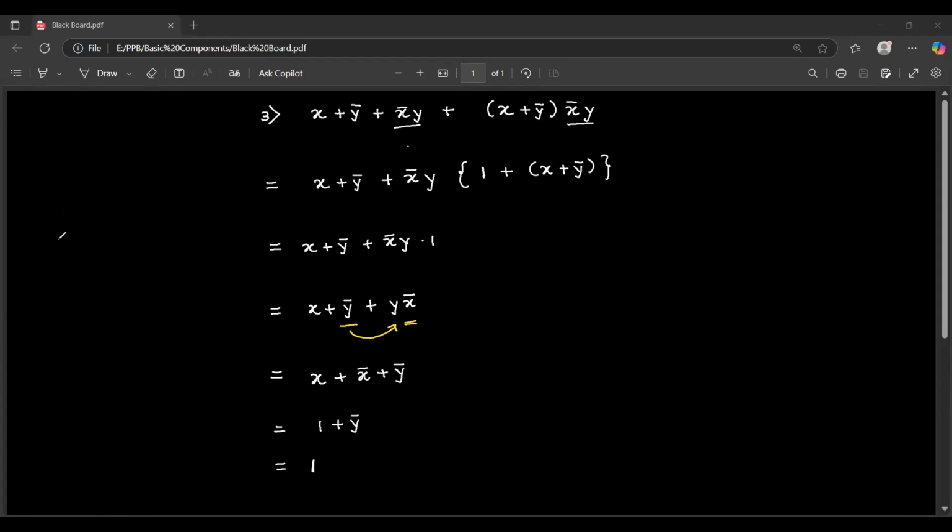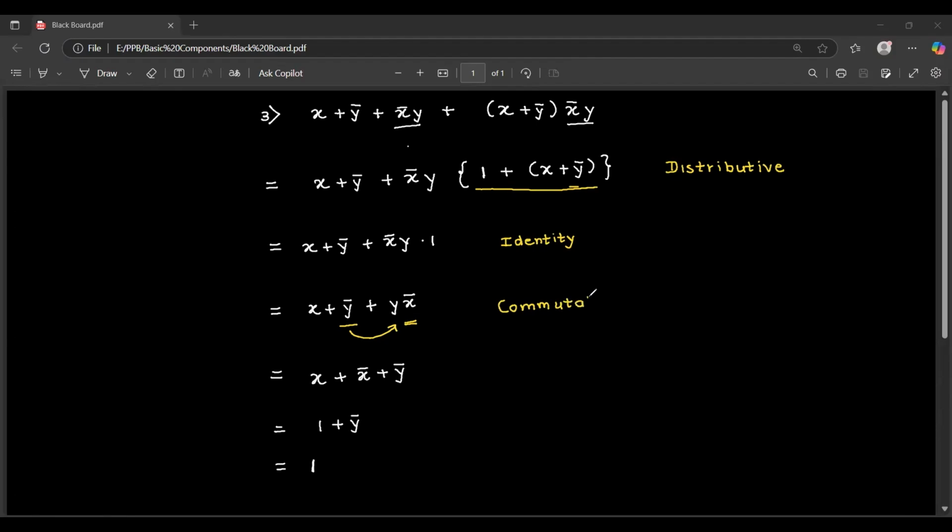So what have I used here? I have used the reverse of the distributive law. After that, I have used the identity law. Then here also I have used the identity law, but then I have changed the order, so I have also used the commutative law.